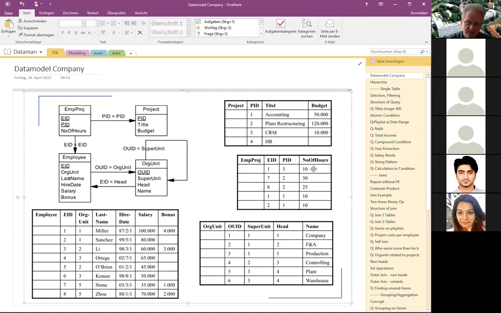Yeah, and the idea is that is, for example, the weekly number of hours or something like that. Yeah, who is working on that project. Yeah, and if you assume somebody is working 40 hours per week and 10 hours per week in that project, yeah, he would work a quarter of his time within the project.